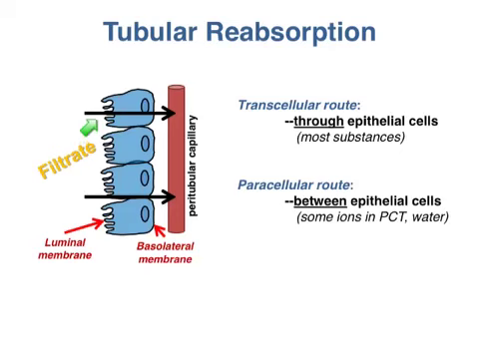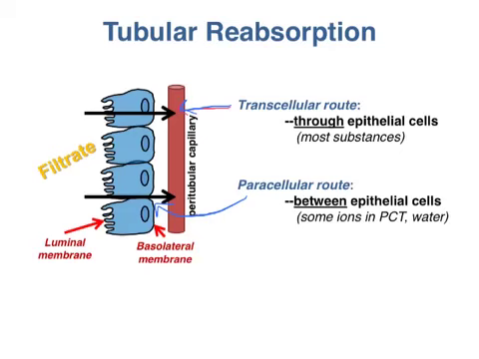So that's this one right there. Actually, that's not a very good color to use, is it? There we go. A few substances, some ions and water, are reabsorbed through the paracellular route, which basically means between epithelial cells. So that's this route. I do want to remind you of a little bit of terminology with regards to the epithelial cells.